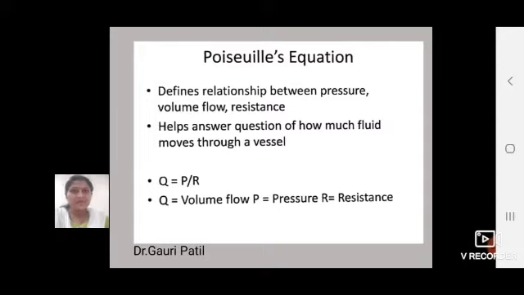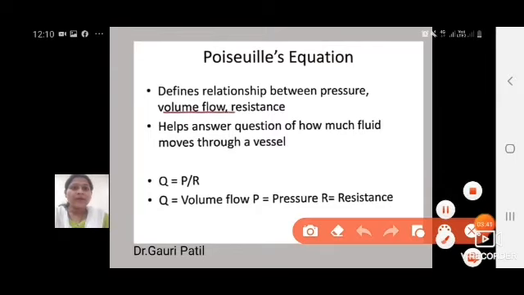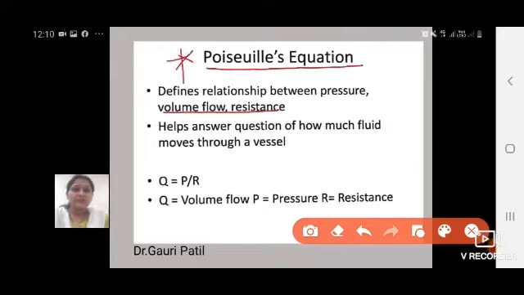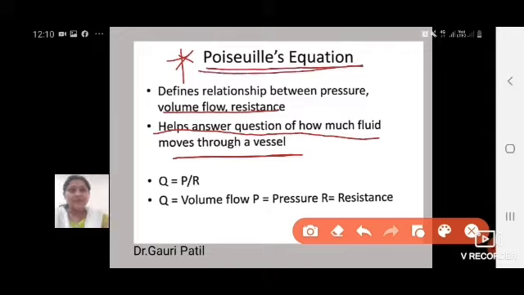Dear students, the Poiseuille equation defines the relation between pressure, volume flow and resistance. It is a very important equation, and it helps answer the question of how much fluid moves through a vessel. It is given by Q is equal to P by R, where Q is the volume flow, P is the pressure and R is the resistance.